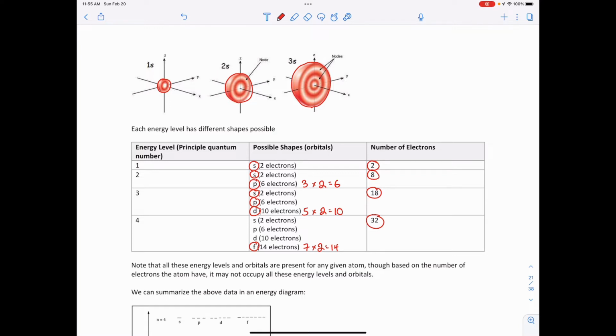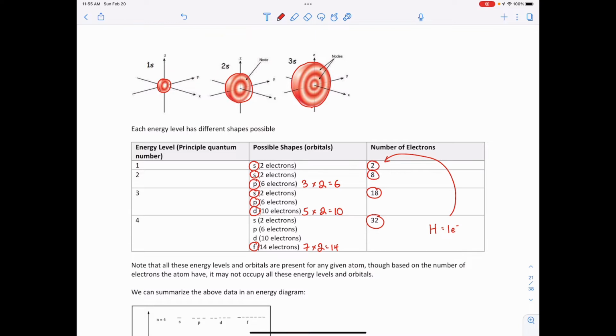Note that all these energy levels and orbitals are present for any given atom, but based on the number of electrons that the atoms have, they may not occupy all these energy levels. If I take a look at a hydrogen atom, a hydrogen atom only has 1 electron, and so that 1 electron will be occupying energy level 1.